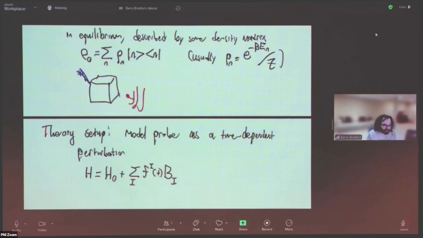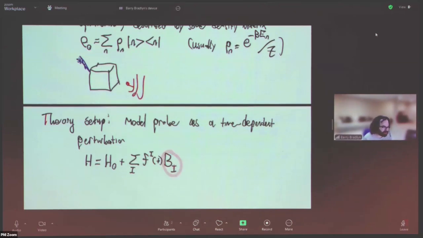For longitudinal electric field, these would be the positions. Or if we were applying a magnetic field, f sub I would be the components of the magnetic field, and our operators would be the angular momentum.